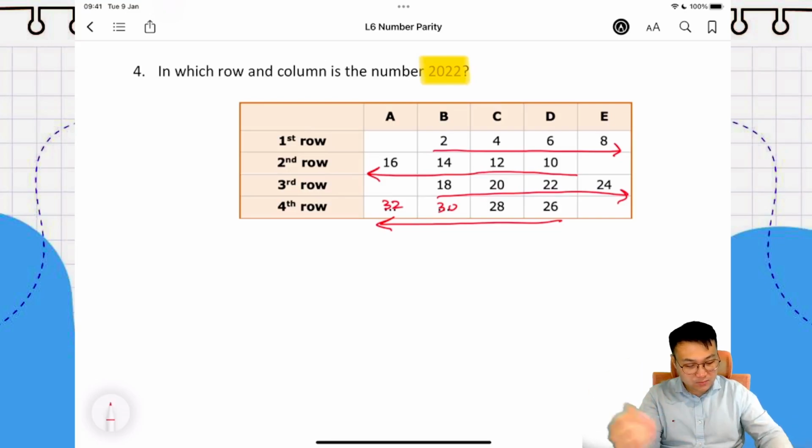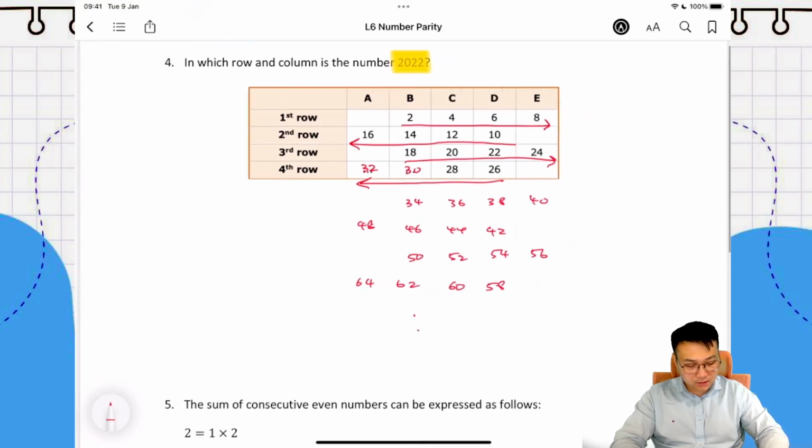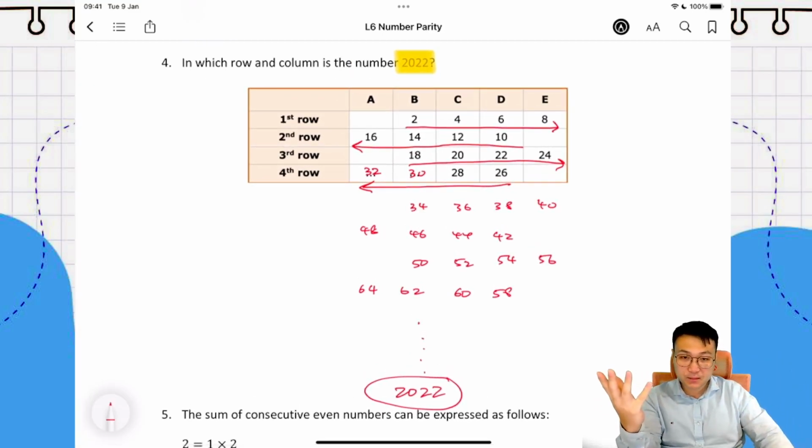Now, if you continue this pattern, you'll have 34, 36, 38, 40, and so on up to 64. It goes on and on until the number 2022 is somewhere. Your job is to find out which row and which column is number 2022 located in.